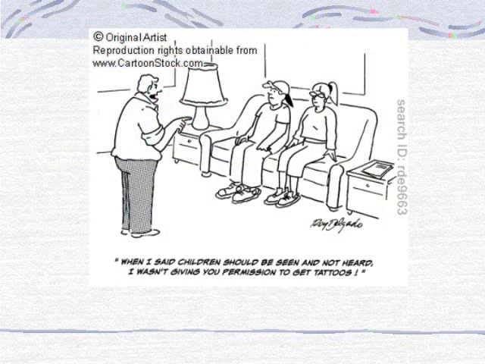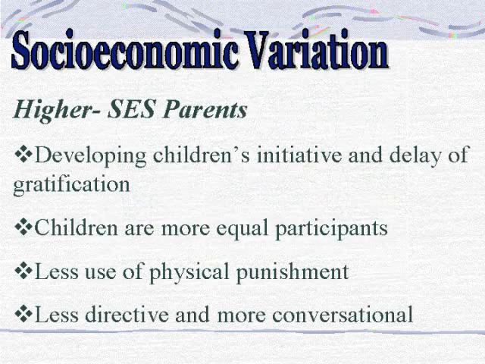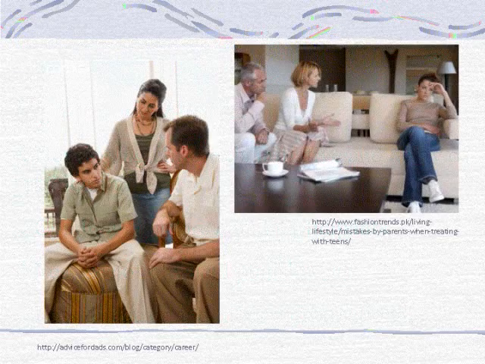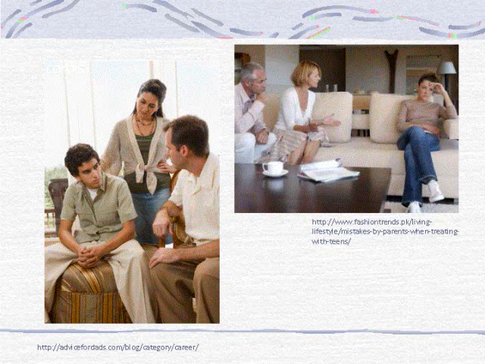Higher SES parents are more concerned with developing children's initiative and delay of gratification, and have a home atmosphere in which children are more nearly equal participants, and rules are discussed as opposed to being laid down. They are less likely to use physical punishment, are less directive, and more conversational with their children.